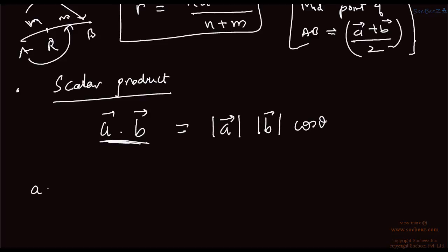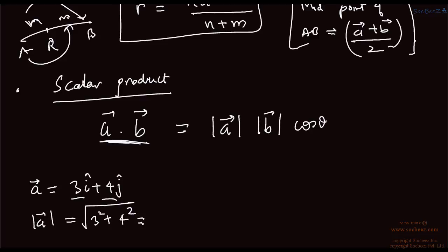Now if A vector is 3i plus 4j, then mod A vector will be root of this square plus this square, which is 5. So mod A is a scalar quantity, mod B again a scalar quantity, and cos theta, where theta is the angle between the two vectors.